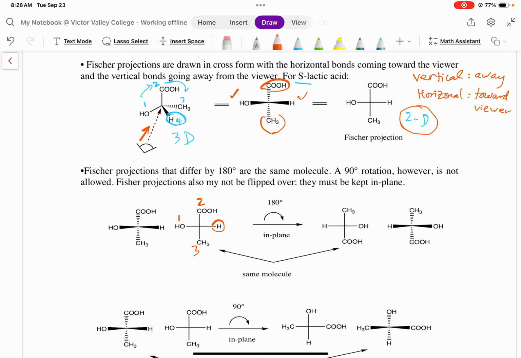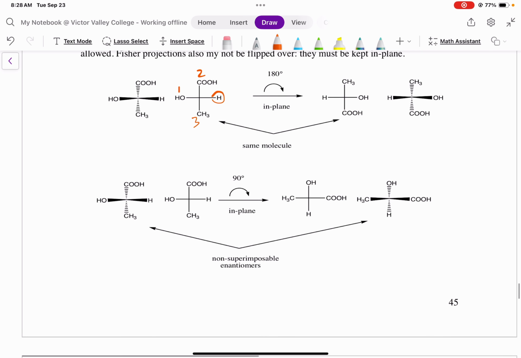So that's why it's S. Okay. You can also do some rotations just to see how it looks.